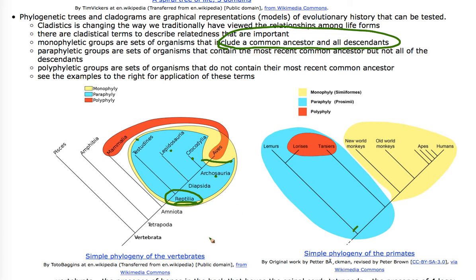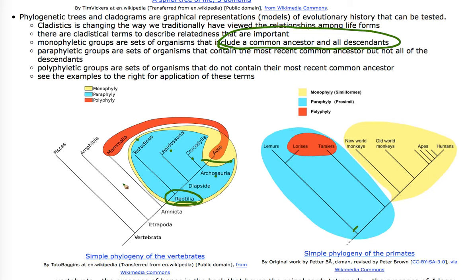So the terms polyphyletic, paraphyletic, and monophyletic are three different ways to describe a group of organisms based on whether or not they contain the descendants and the ancestors. If descendants and ancestors are in the group, monophyletic group.